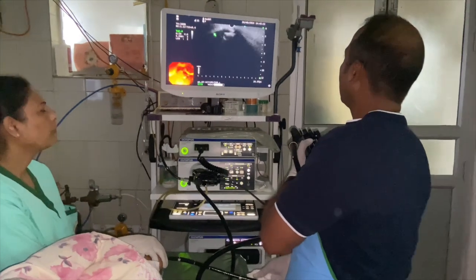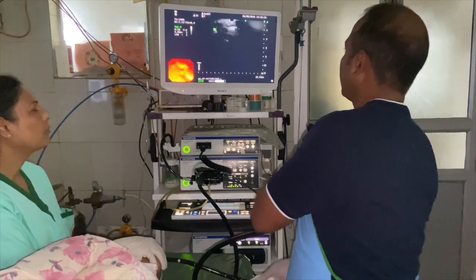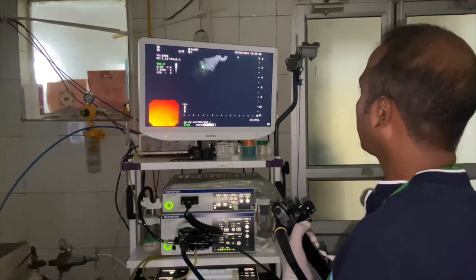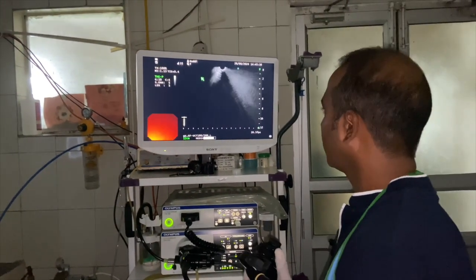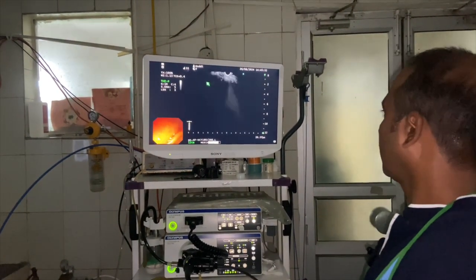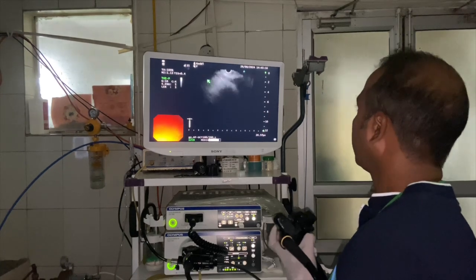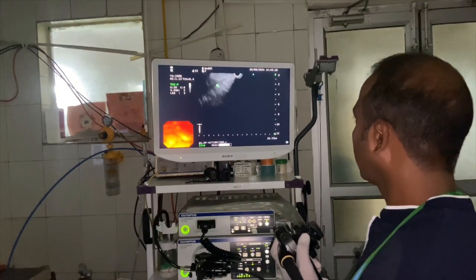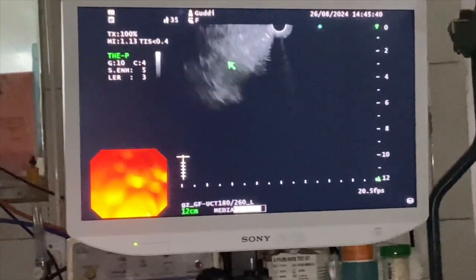part, and if need arises, you can short the scope as you short it in the ERCP. So we are trying to locate the kidney. Yeah, this is the kidney. This is the kidney.